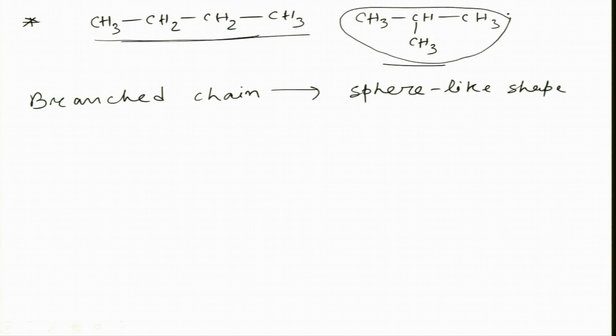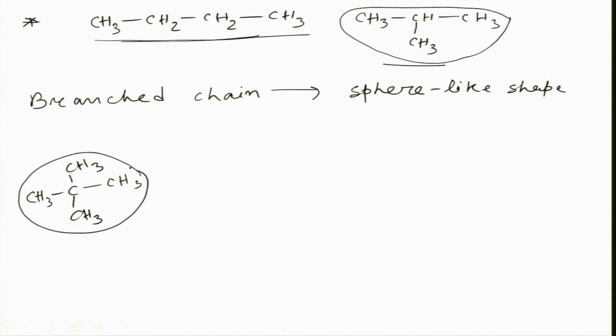So, in branched chains, the more the number of branches, the more spherical the shape it acquires. For example, let us say if we compared the isomers of pentane, okay, and let us say it was something like this, and imagine the straight chain pentane. So, this has a spherical kind of shape.